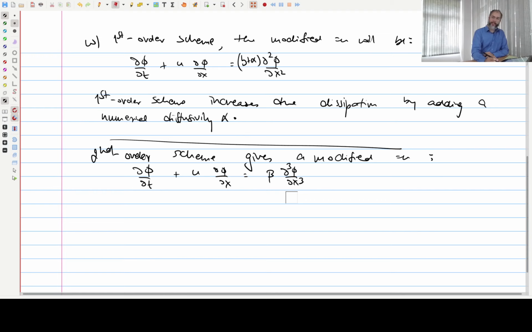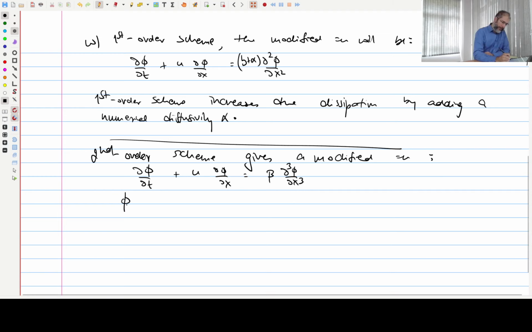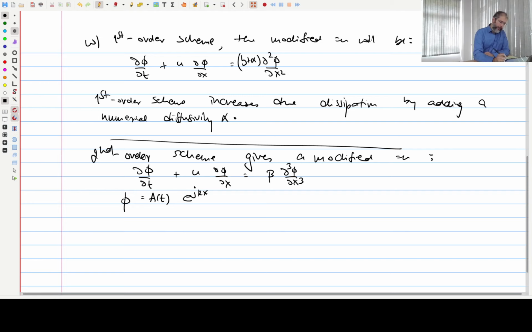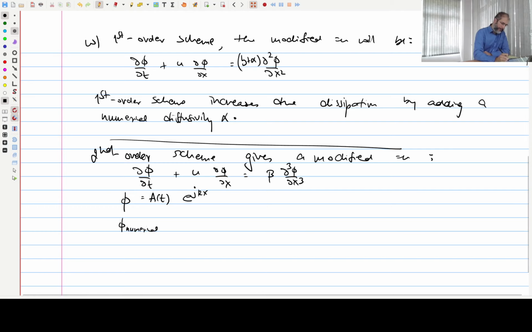Again, we do the same exercise. We write this phi as a Fourier series. We already know what the exact phi looks like. We can find the phi numerical here by writing phi as just one Fourier term, and then you can write it as a summation. I won't do it. I think we did it for exact. You can do it yourself for this case. So when you substitute this phi into the equation, you will get an expression for A, and from there I can write phi numerical as a function of x and t.